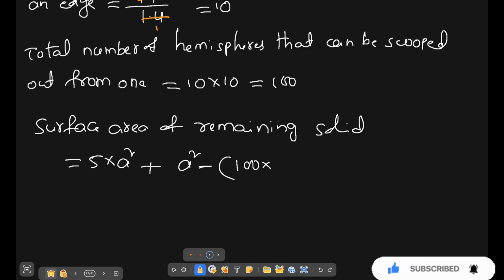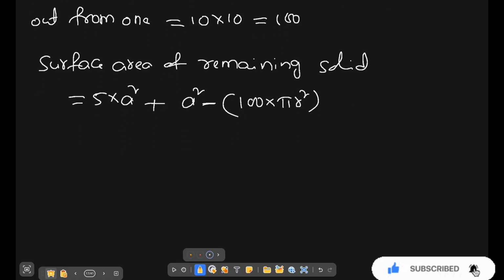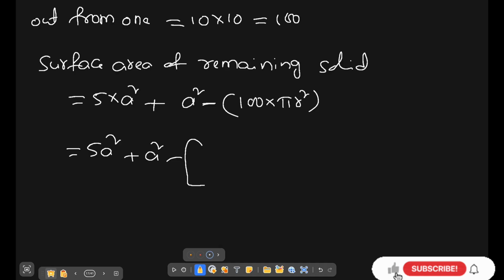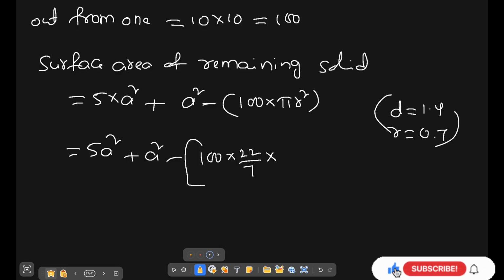So 100 into pi r squared. So it is 5a squared plus a squared minus 100 pi r squared, that is 100 into 22 by 7 r squared. Here the diameter is 1.4, so the radius is 0.7, and r squared is 0.7 into 0.7.